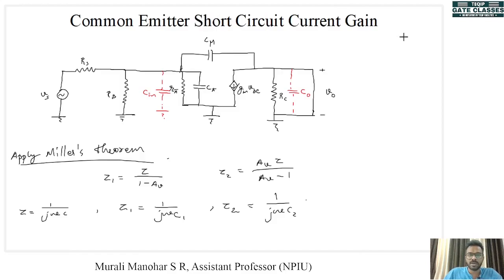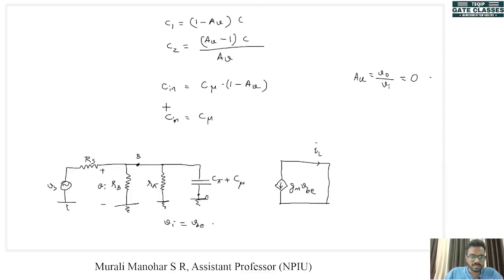This was our aim, to find out the short circuit current gain of common emitter amplifier. So current gain AI is equal to I out divided by II. Here I out is IL, and II is the current here.